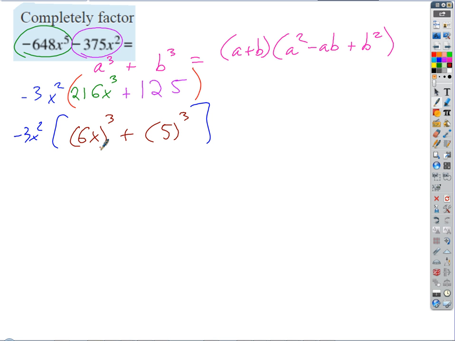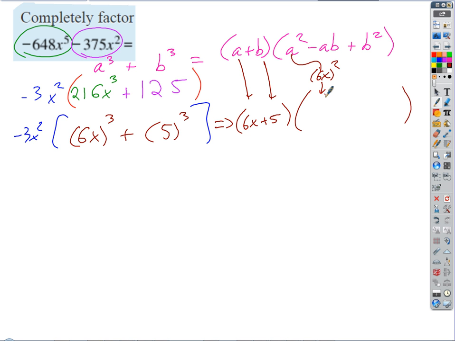So what's this gonna end up being if we factor it using that pattern? What's A plus B gonna look like? 6x plus 5. Okay. Now, how about this one? Here's where we gotta be a little bit careful. Brandon, what am I squaring? 6x. The whole thing, 6x, right? So I'm gonna do the quantity 6x squared.